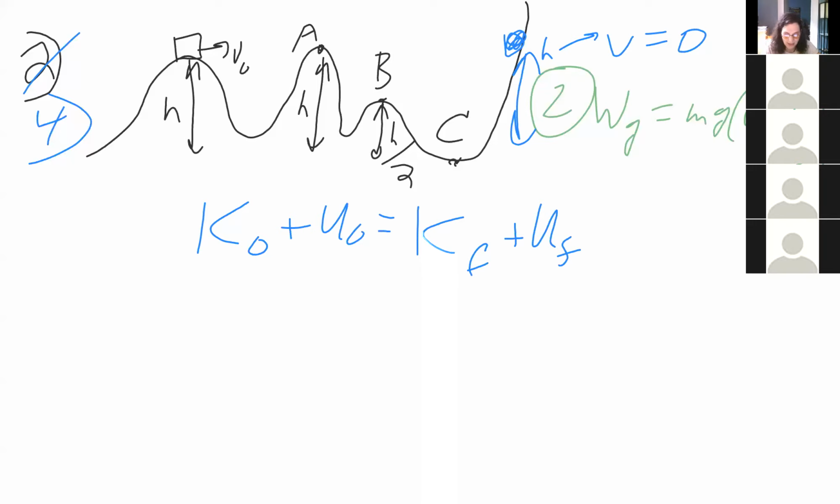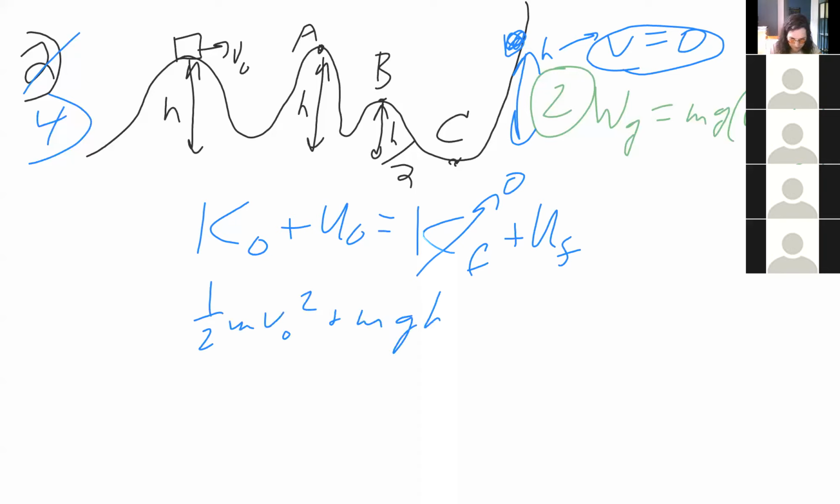As I mentioned, our speed is 0 at the maximum height, so your 1/2 mv squared will be 0. And you just have your 1/2 mv initial squared plus your mgh, where h is this height. And that'll just be equal to mg times whatever your y final is.